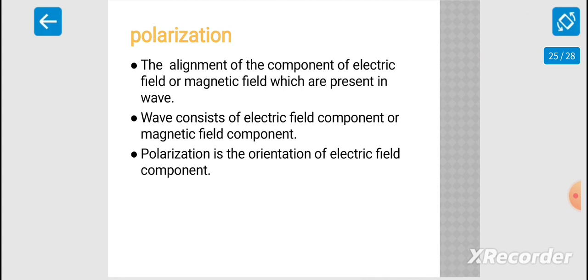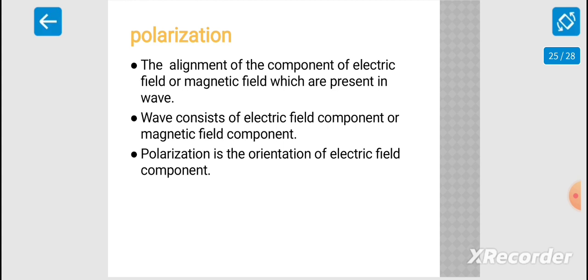Next one is the polarization. Polarization is the alignment of the component of the electric or magnetic field. This wave consists of electric field or magnetic field components. Polarization is the orientation of the electric field or magnetic field.